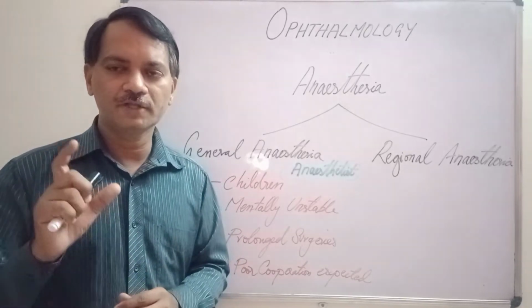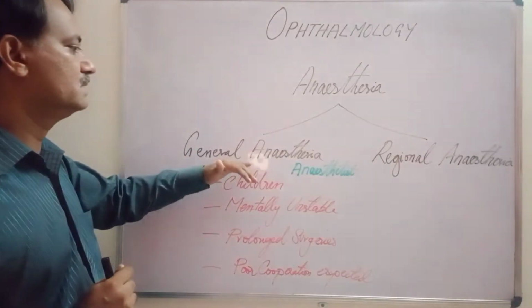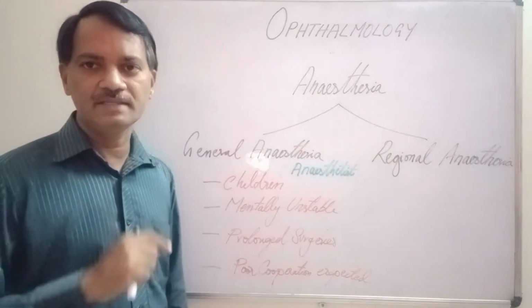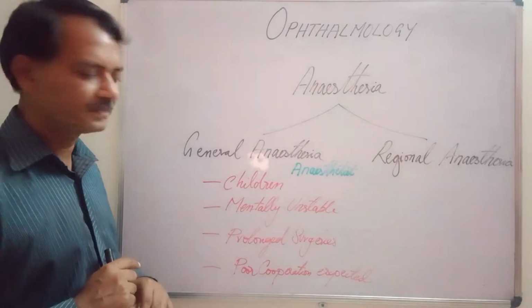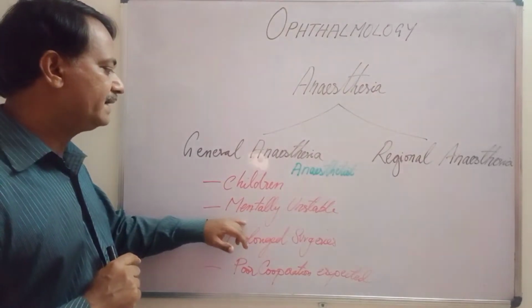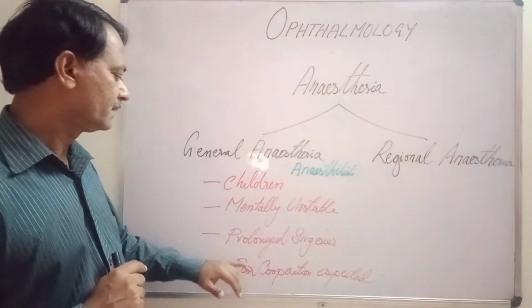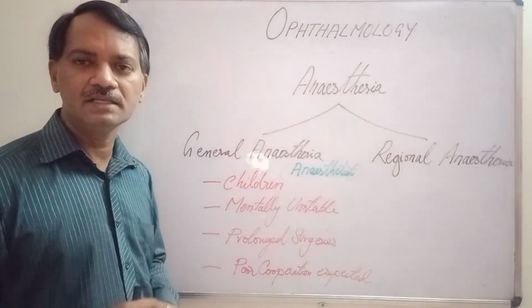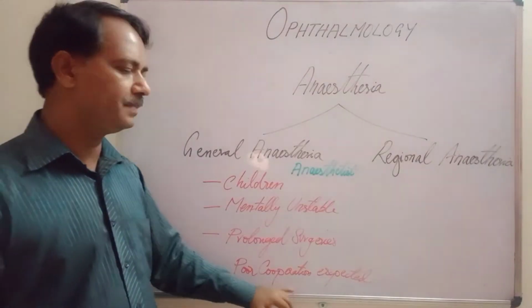Anesthesia in ophthalmological surgeries is of two types. One is general anesthesia, another is regional anesthesia. General anesthesia is indicated in children undergoing surgeries, in mentally unstable patients, in prolonged surgeries like retinal surgeries and oculoplastic surgeries, and in poorly cooperative patients.